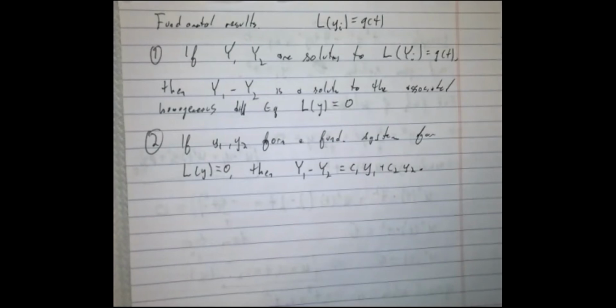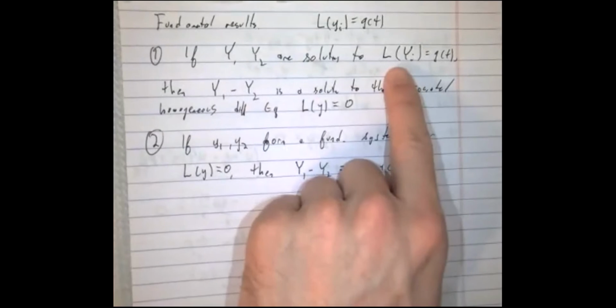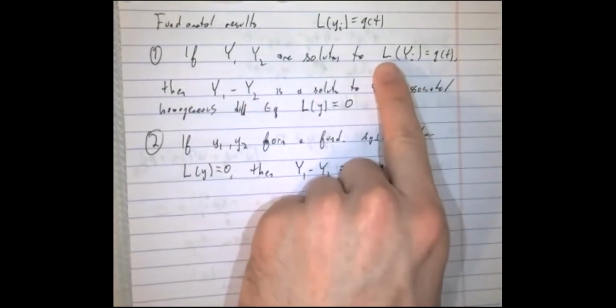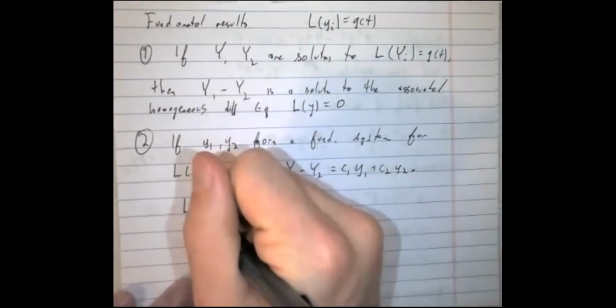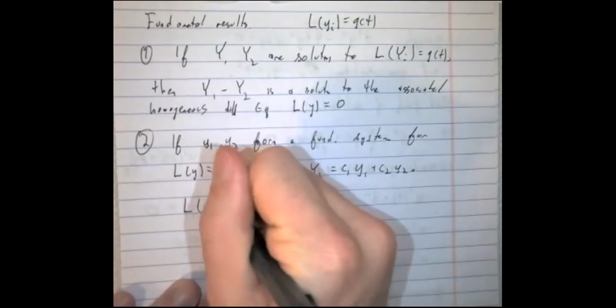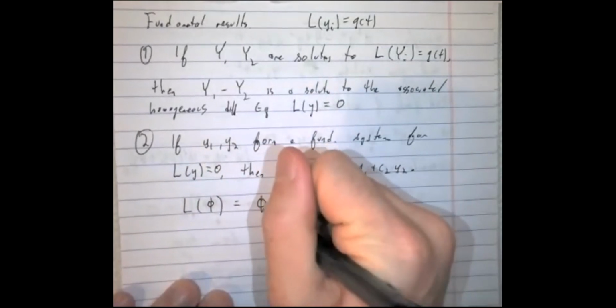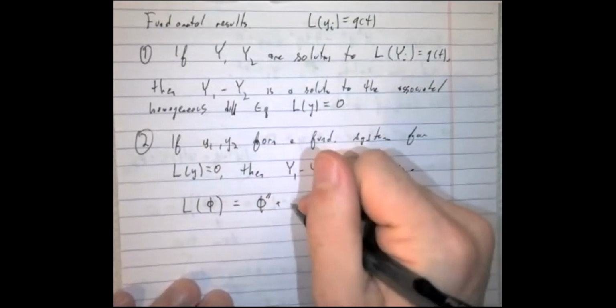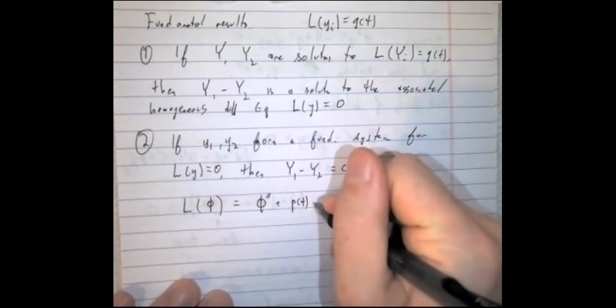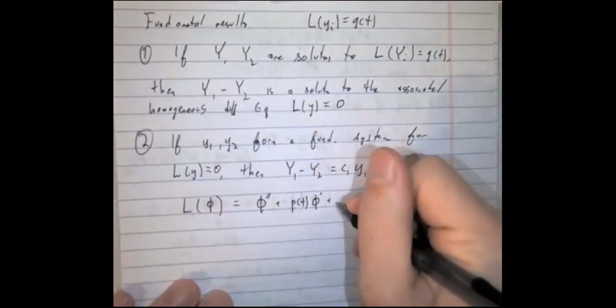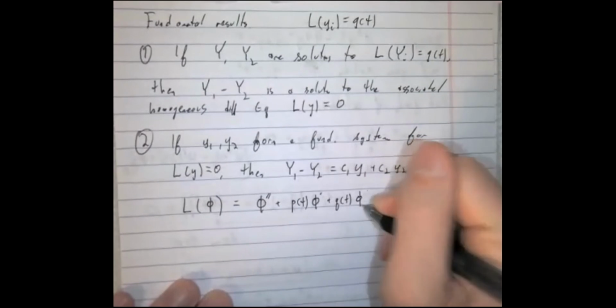Any questions just about this result? Wait, what is the difference between the big Y's and the little Y's? The big Y's are supposed to be solutions to the non-homogeneous. So remember that L of a function phi is equal to phi double prime plus P of t phi prime plus Q of t phi.